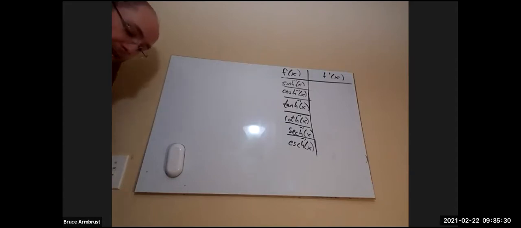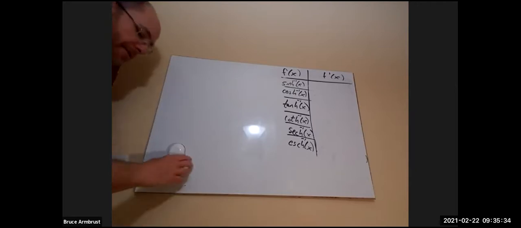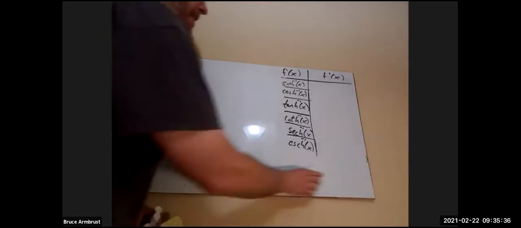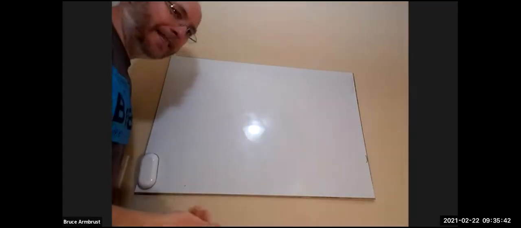But we're going to do the same thing. We're going to make a list of the inverse trig functions. I need it to be bigger. I was trying to be lazy again, and it didn't really work out.